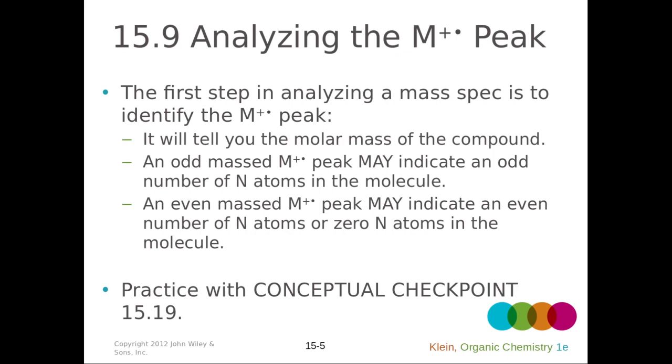So if it's even, then it could either be just a regular hydrocarbon, or just another type of molecule, or something even with an even number of nitrogen atoms in it. So if it has an even number of nitrogens or no nitrogens, then it's going to have an even molecular weight. If it has an odd molecular weight, then we can have an odd number of nitrogen atoms in the molecule.